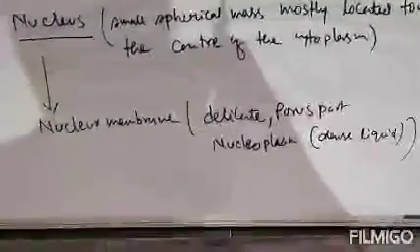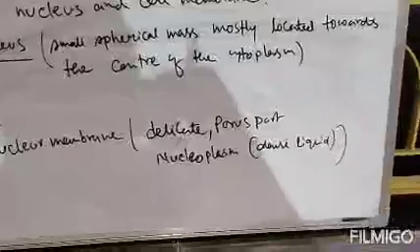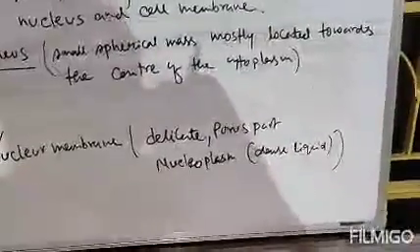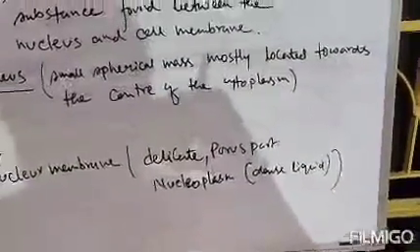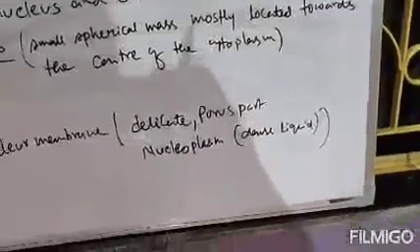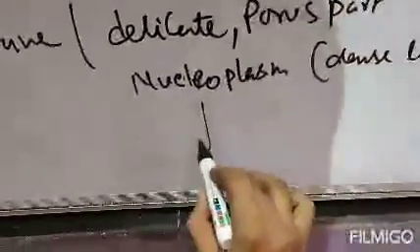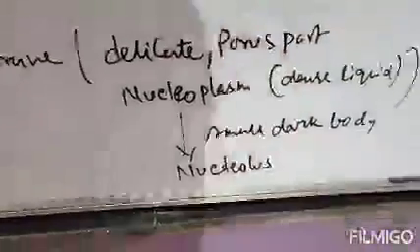Clear? Now inside this nucleoplasm, a very small dark body is present, which is known as nucleolus.